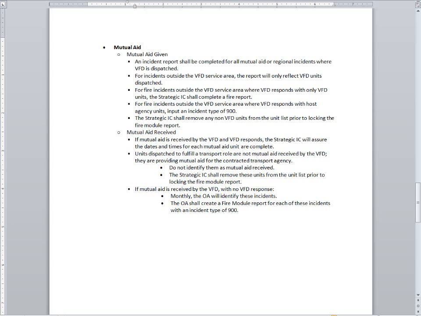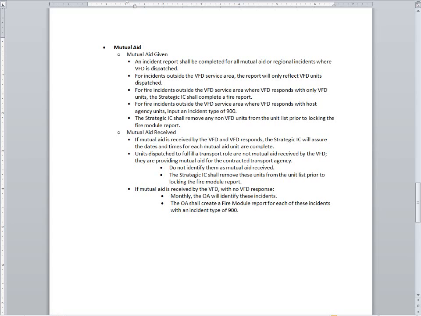That would be an automatic aid agreement. Both of those are usually solidified through an automatic mutual aid agreement that specifies the conditions about how automatic aid would be utilized and mutual aid would be utilized.